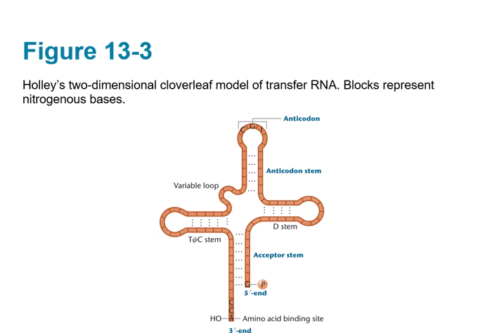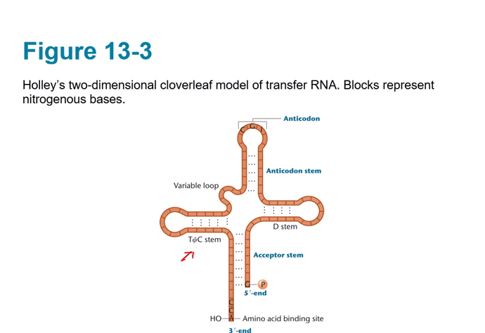So for example, here you will see this. This is the cloverleaf model of transfer RNA. You will see it has a stem, it's a stem-loop-like structure. Here there are several hairpins that you can see.